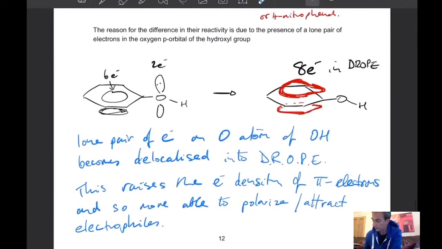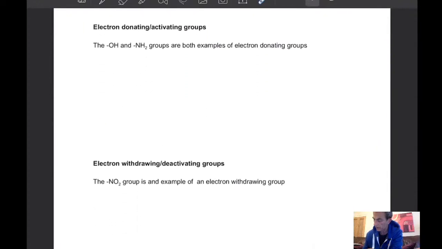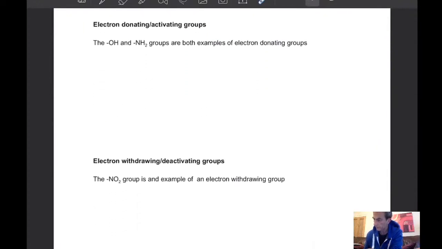There's phenol, it was donating electrons into the pi system, wasn't it? So these electrons ended up becoming part of that. So it's donating electrons. Hopefully that's why it's classed as that. Okay, so let's just show this. I'm going to draw two diagrams.